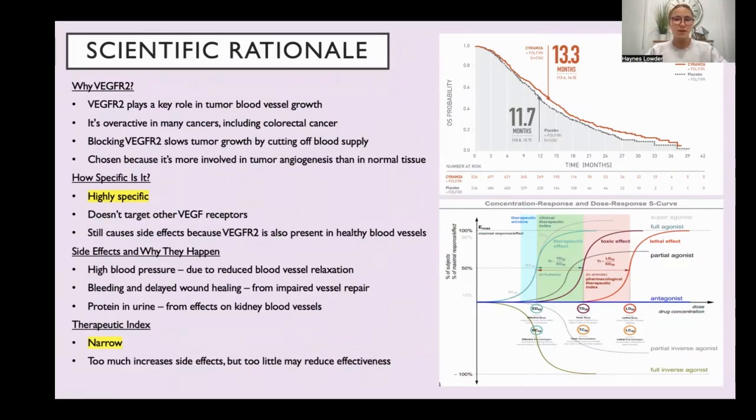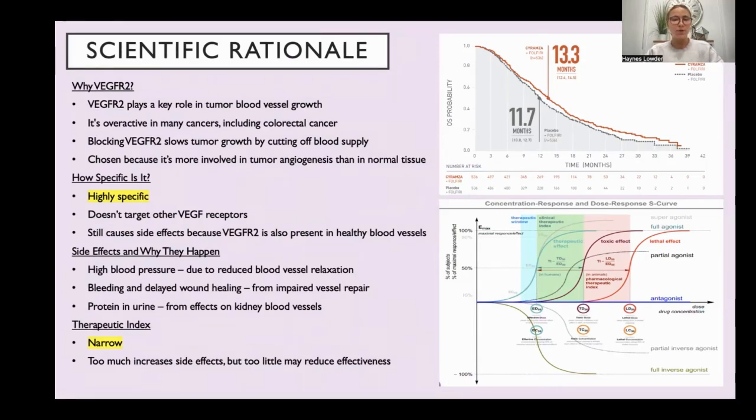Cyramza is highly specific. It doesn't block other VEGF receptors, but some side effects still occur because VEGFR2 is also found in healthy vessels. Some side effects and why they happen: first, high blood pressure due to reduced blood vessel relaxation; bleeding and delayed wound healing from impaired vessel repair; and protein in the urine from effects on kidney blood vessels.